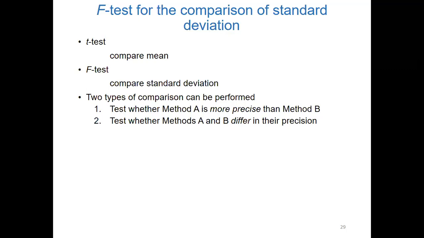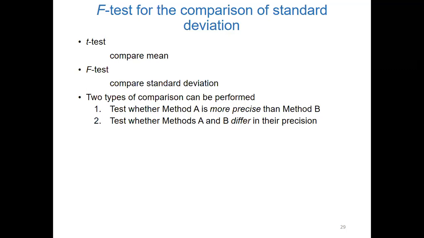So, F-test. Let's start with the F-test for the comparison of standard deviation. We talked about the t-test last week. Using the t-test, we compare means: we compare a mean with a known value, we compared two means, and we compared means from two different experimental methods.